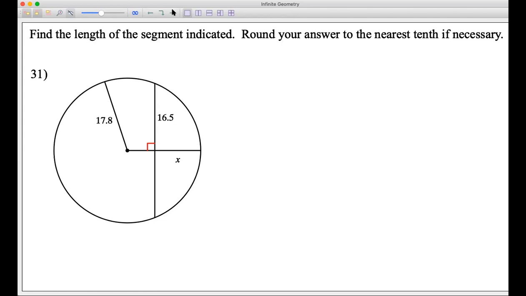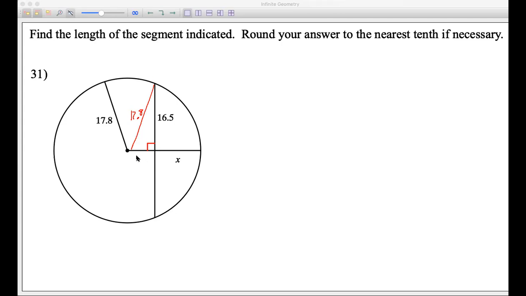Any questions? I'm confused on number 31. Okay, that's because I was a bad teacher here and I didn't draw it for you. If I draw this line right here, do you see the right triangle? Yeah. This line, the red one, is also a radius, so it's also 17.8, right? So I have 2 numbers here. I could use the Pythagorean theorem and figure out this side.